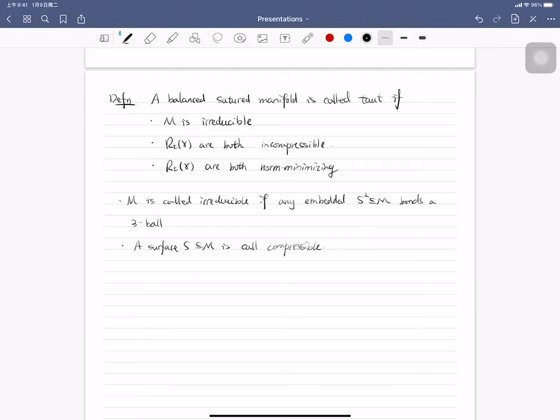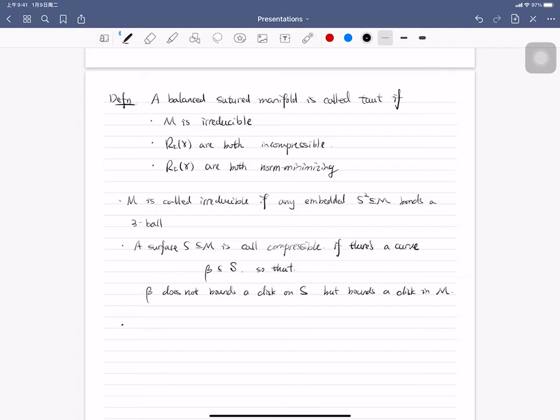It's called compressible if there's a curve beta on S, where of course, when I say surface or curve, we assume that they are embedded, so that beta does not bound a disk on S, but bounds a disk in M. If we can find such a beta, then the surface is called compressible, and incompressible if such a beta does not exist.